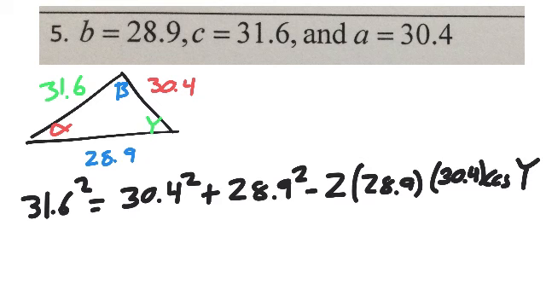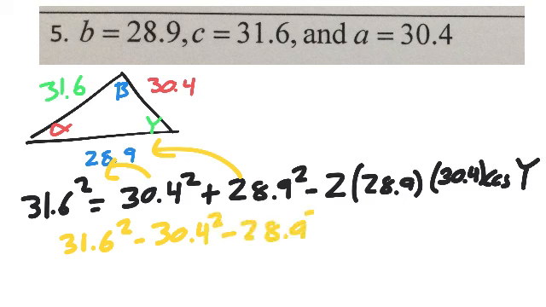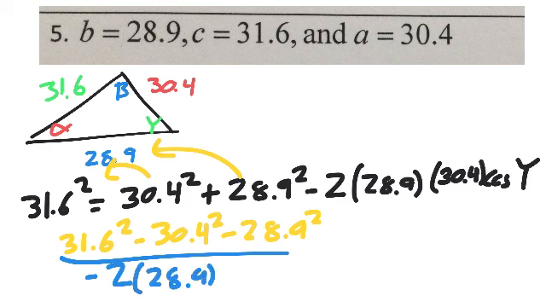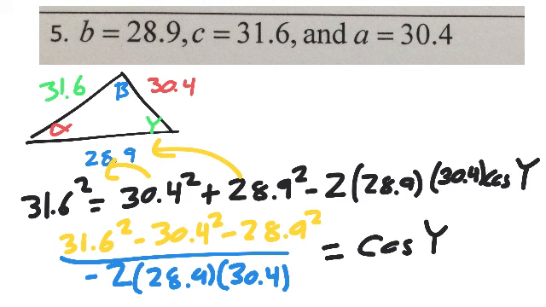Now to solve for gamma, I'm moving these two terms over. So it's going to give me 31.6 squared minus 30.4 squared minus 28.9 squared. And now I have to divide by this junk, so I'm going to divide that by negative 2 times 28.9 times 30.4, which is going to be equal to cosine of gamma.